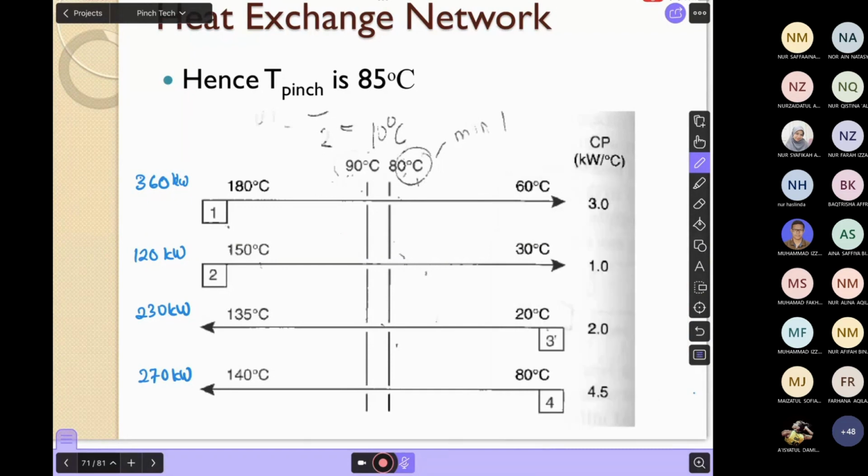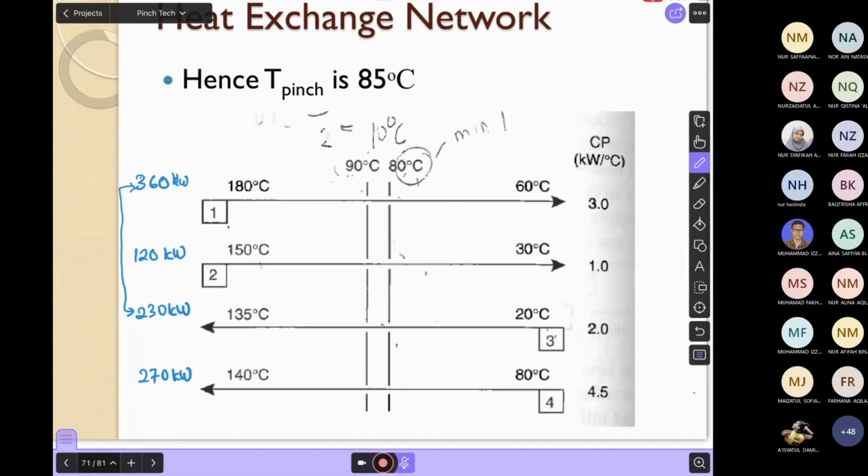Let's say this one with this one. You have this one. What is the difference, 70 and 60? How much?